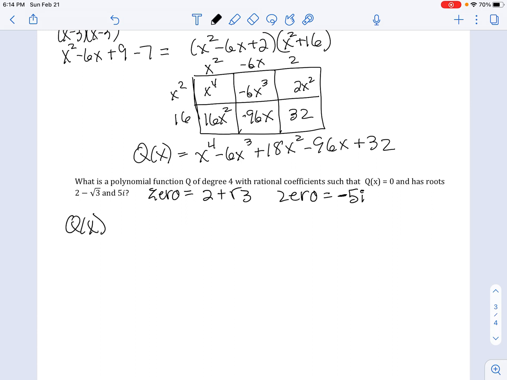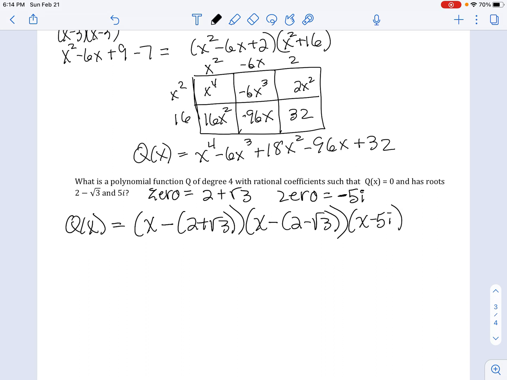All right, so polynomial function Q, that's going to be x minus the 0, x minus the other 0. Doesn't matter which order you write them in. x minus the 0, x minus the 0. So hopefully I've said that enough.